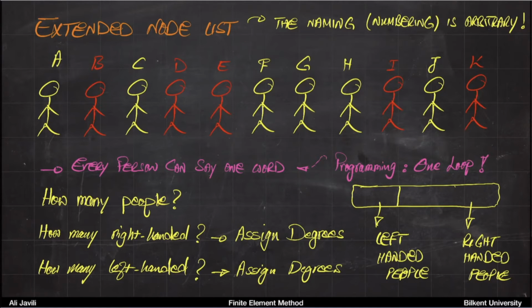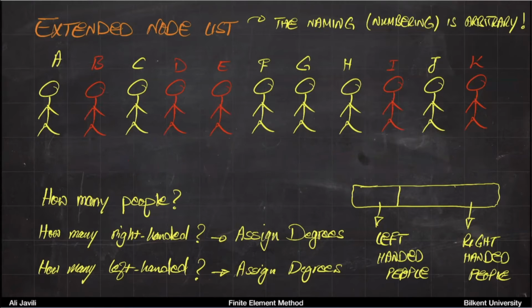And this is just a little color indication for ourselves. But in your finite element method, left-handed and right-handed translates to Neumann boundary condition or Dirichlet boundary condition. The other thing is that every node knows if it is Dirichlet or Neumann, like every person knows if he or she is left-handed or right-handed. So let me just add that information.